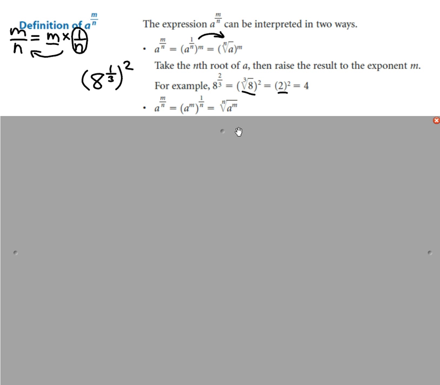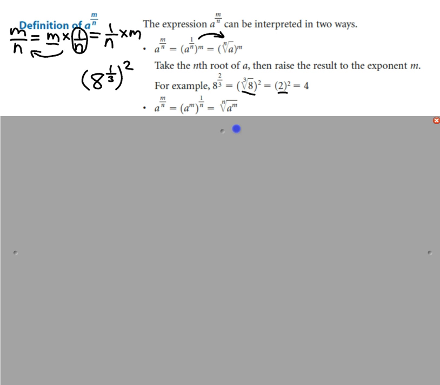The second way we can interpret this is if we apply the exponent m first, and then we take the root after. Okay, and in that case, it's still the same. We're really just saying we can take 1 over n and multiply it by m, or we can multiply 1 over n times m.